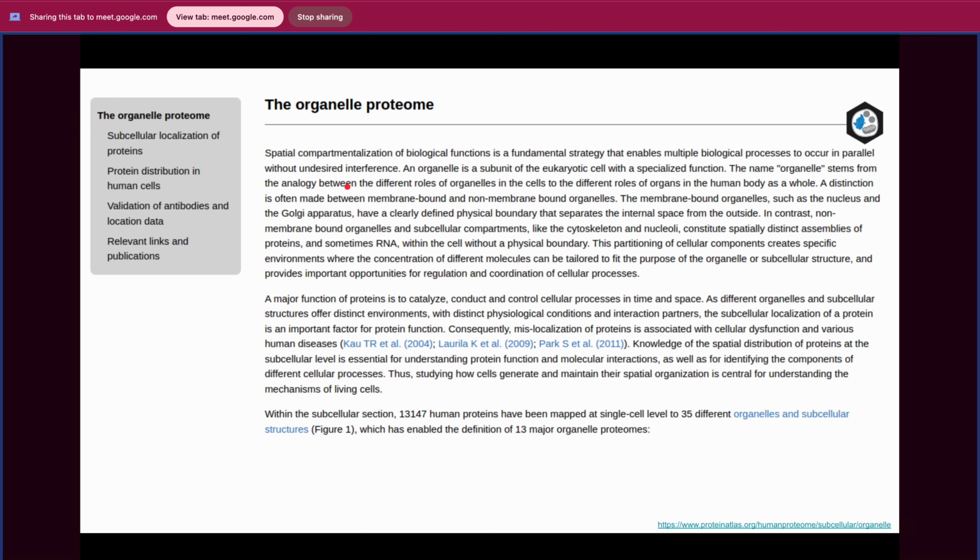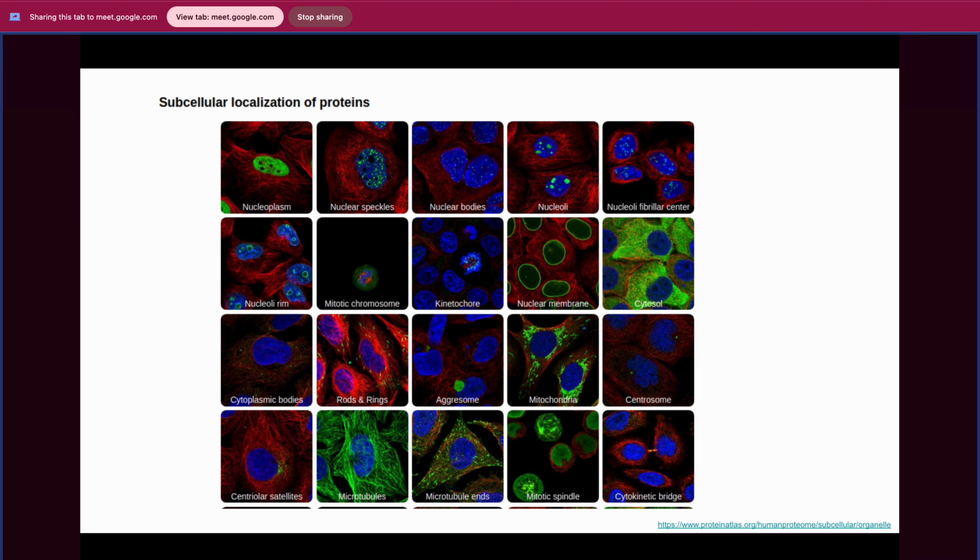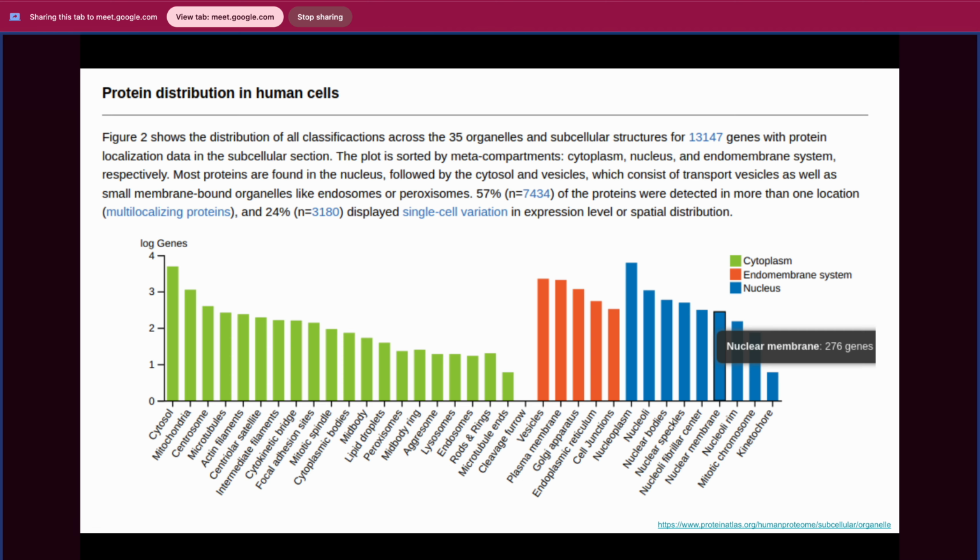What do they mean? The subcellular location tells you where in the entire cell my protein is expressed, for which they are using imaging data. In this case, you can click on any of these organelles and you will be taken to all those proteins which are expressed in any of these particular subcellular locations.